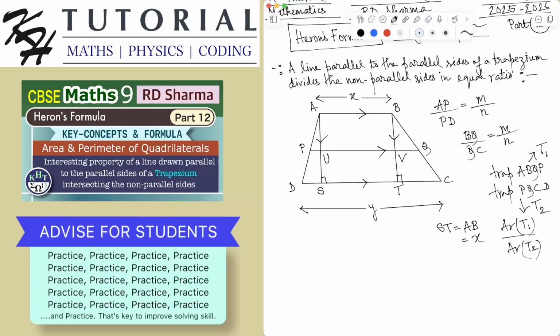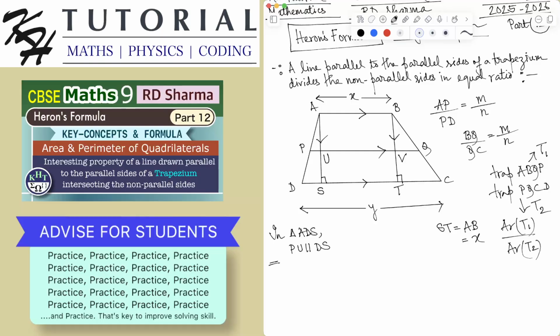Now, consider the triangle ADS. In triangle ADS, we have PU is parallel to DS.